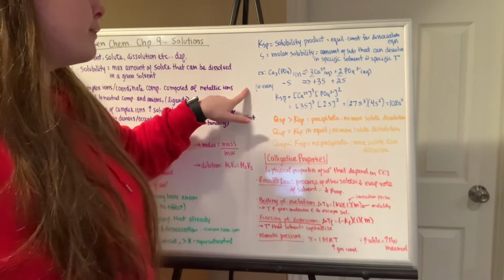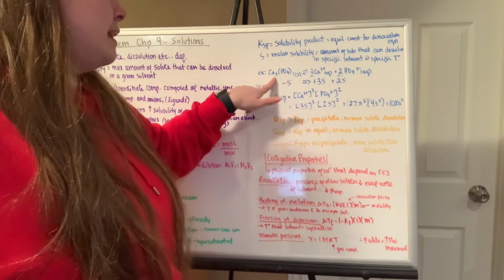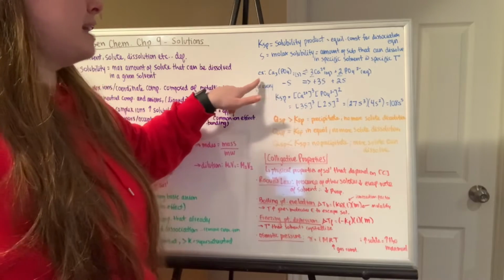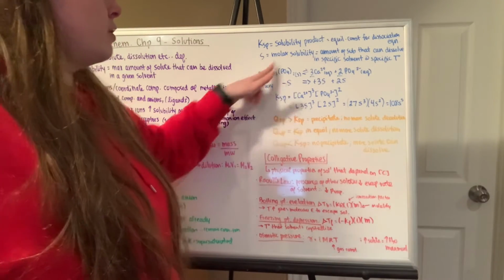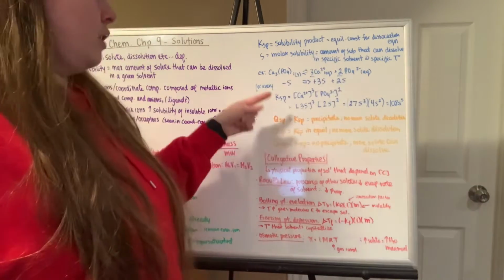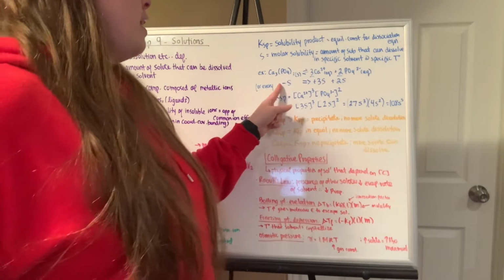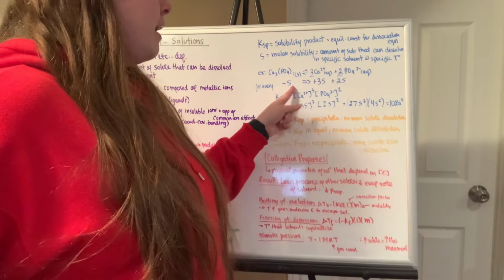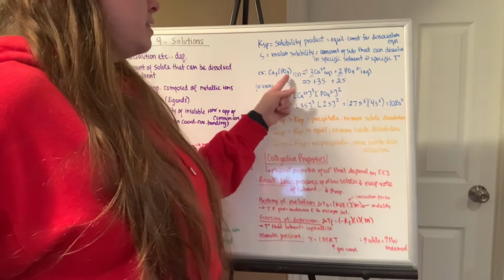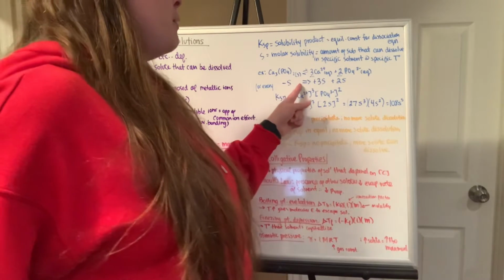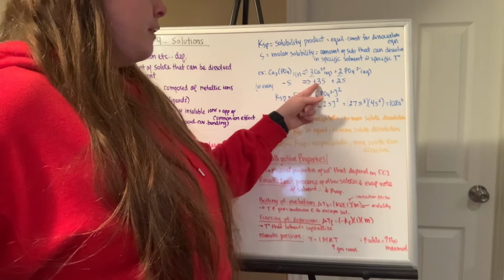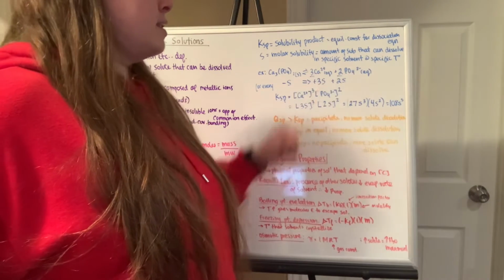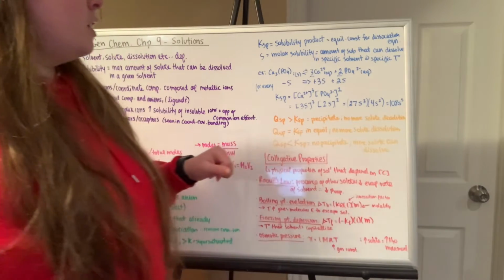So let's say the Ca3(PO4)2 is S. For every minus S, because you're taking this and turning it into these ions, you get plus 3S and plus 2S of those.